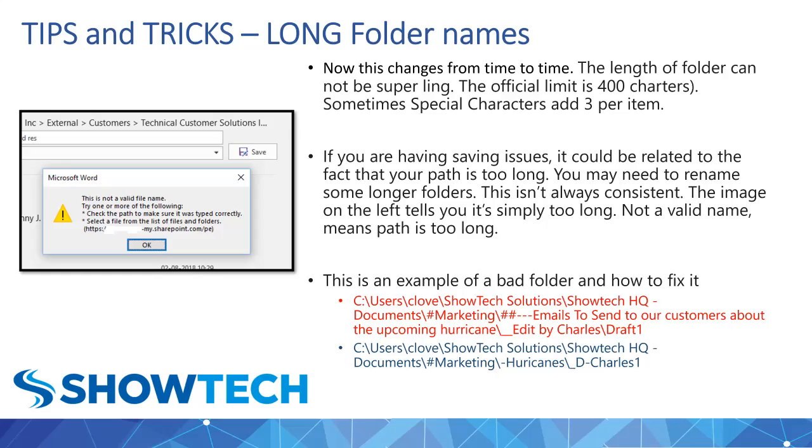So it's 3, 3, 3, 3, 3. So if you're a person who likes to use a lot of special characters because you want it to appear a certain way, it does eat a lot of space. Now, oddly enough, I've seen folder paths super duper long, and it never gives an issue, but sometimes it does, right?